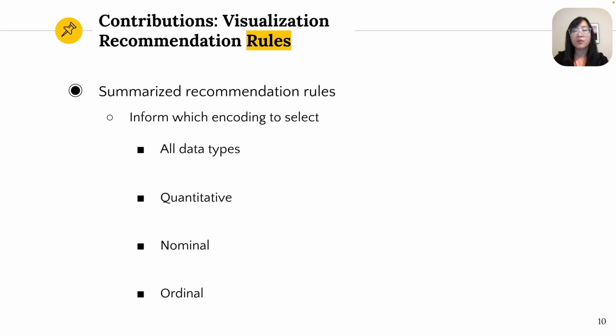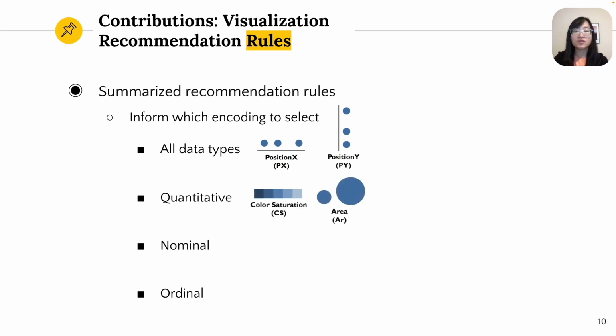For example, we find that position encodings are usually the top choice for all data types. Color saturation and area encodings also perform well in representing quantitative data. Color hue and shape encoding are effective for visualizing nominal data. And color saturation performs better than color hue for representing ordinal data.